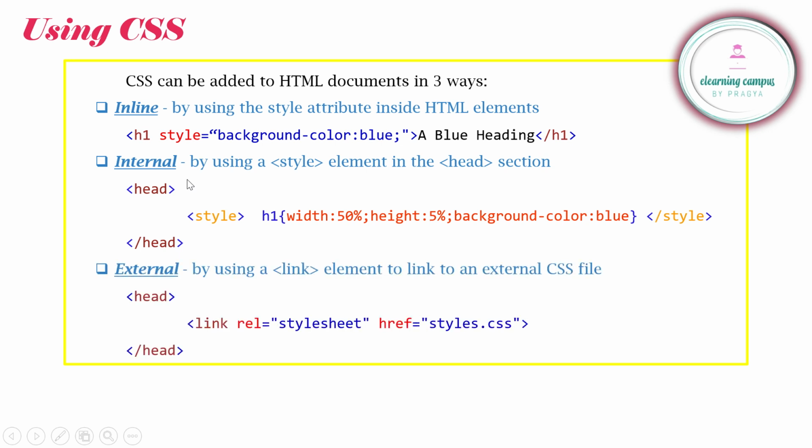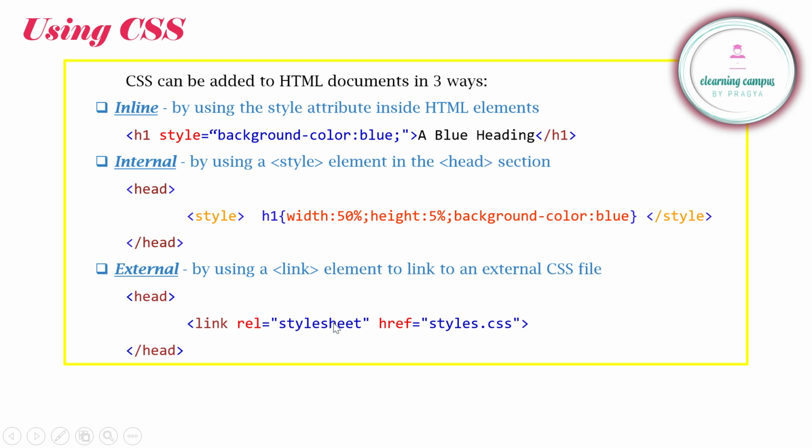The last one is the external style sheet. For an external style sheet we need two files. One is the style sheet file that we will save with the extension .css. Then that .css file we will link with the help of the link tag or link element using the rel attribute and href attribute. Href attribute means we are creating a link, and what type of element are we linking?